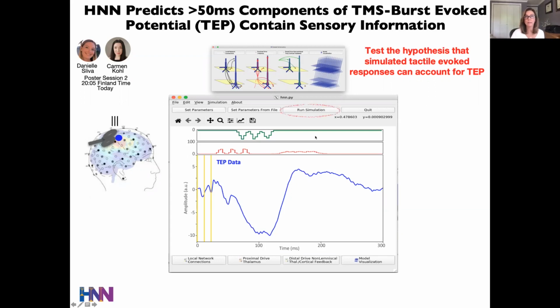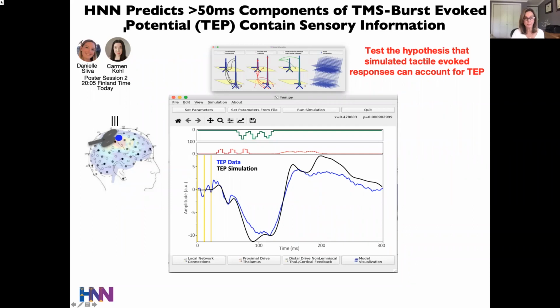And we're going to hit run simulation. And in fact, we see that remarkably, this sensory evoked input can almost perfectly reproduce this TEP that we're seeing from our TMS device. And so that suggests that this evoked response is at least in part reflecting the sensory information.